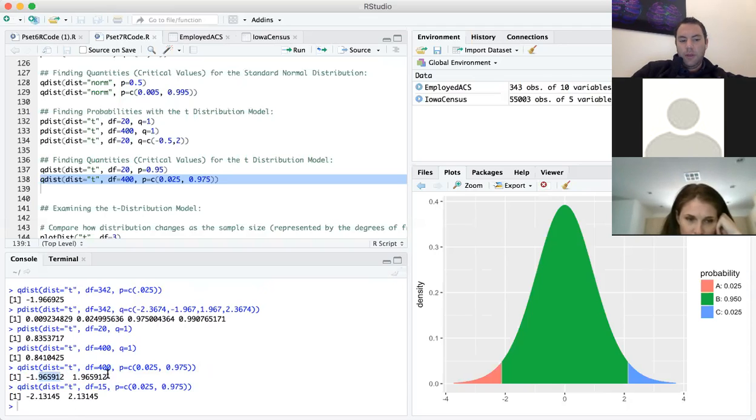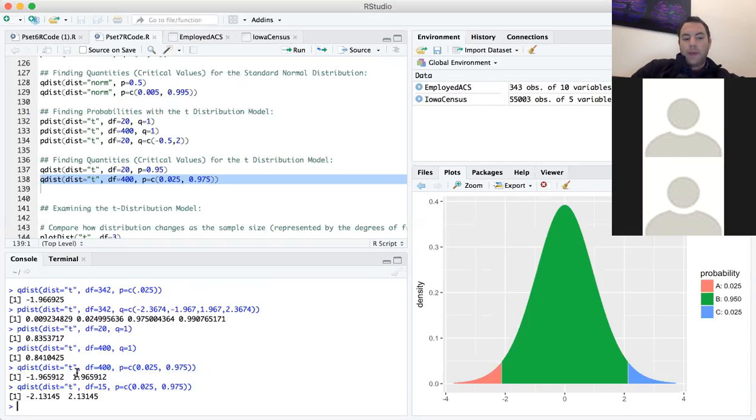It's very close to the z critical values for a normal distribution, plus or minus 1.96. But then if we change the degrees of freedom to 15, we could see how the critical values changed from plus or minus 1.96 to plus or minus 2.13. And that's because the t-distribution will change based on your degrees of freedom.